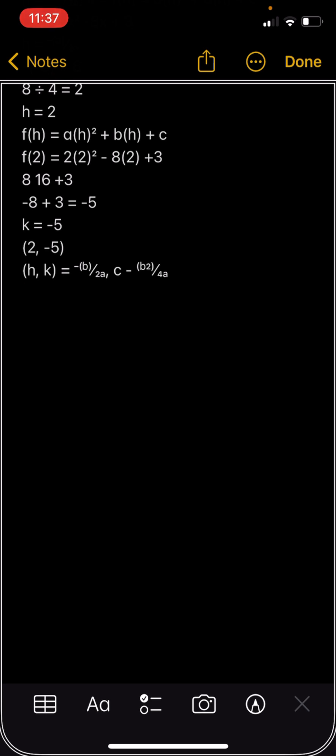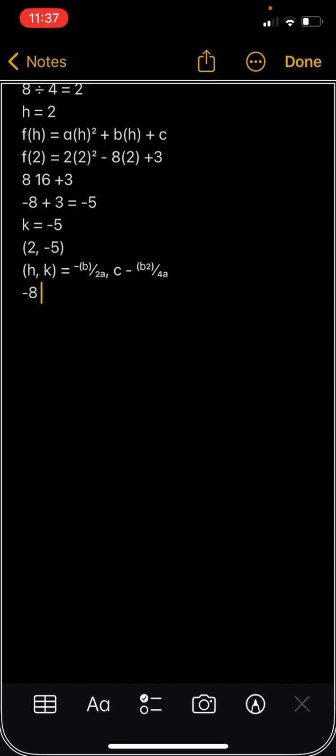What it is telling us to do, if we follow PEMDAS, is to do our squaring first. We have to square our b term first. So b squared in this case is negative 8 squared.